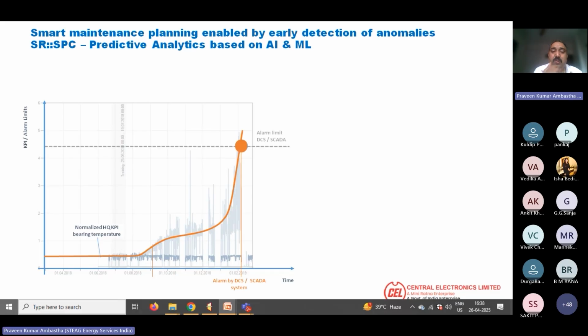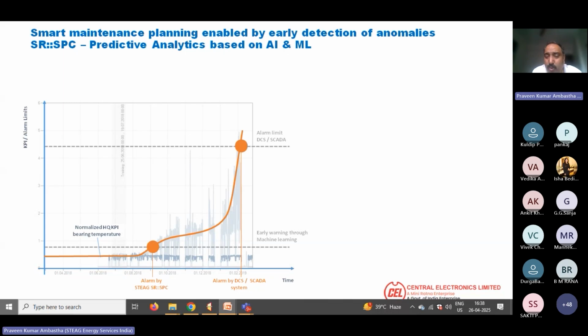This is the limit of your bearing temperature in the DCS system, where you have the alarm. Now, through SPC, if the bearing temperature is increasing, you get to know well before the DCS alarm.